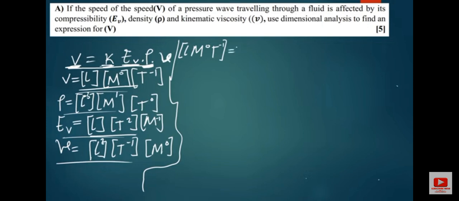And then we have K there, open brackets. Then for compressibility, we have L, T2, then M -1.